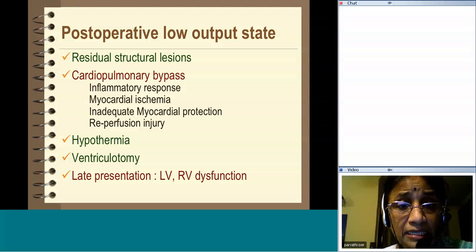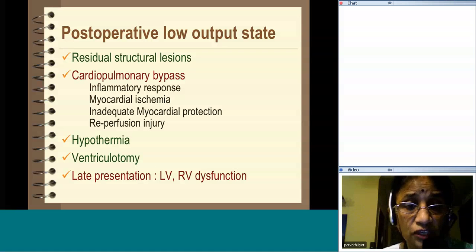So the better the myocardial protection, the more you can minimize this reduction in cardiac output. Last but not least, CPB is also associated with a reperfusion injury, which you heard earlier in the talk on cardiopulmonary bypass.